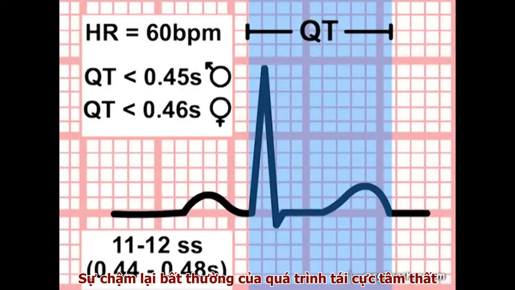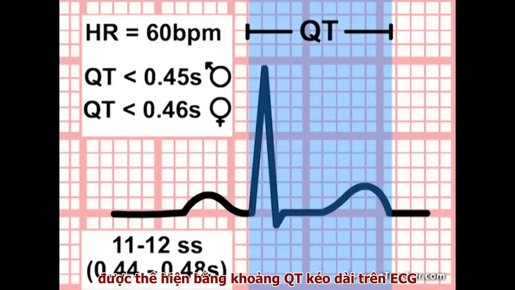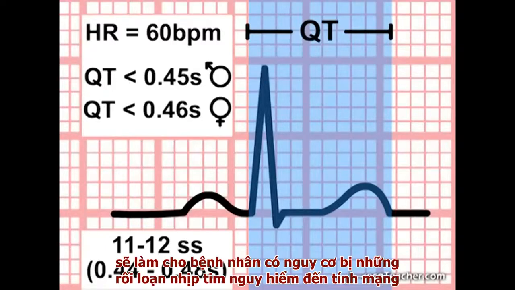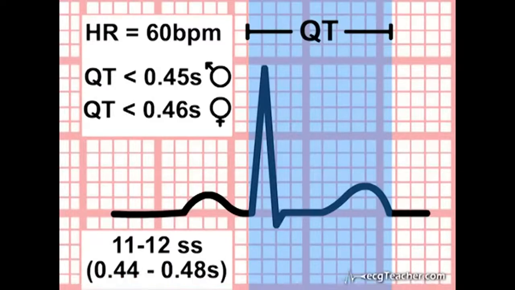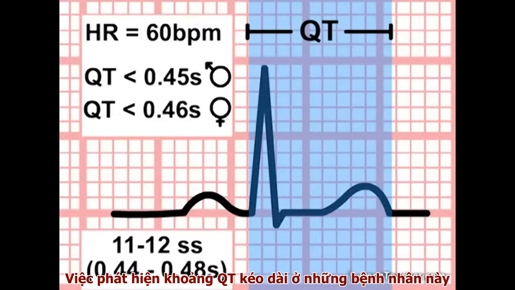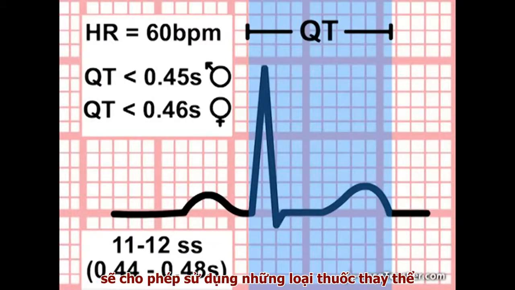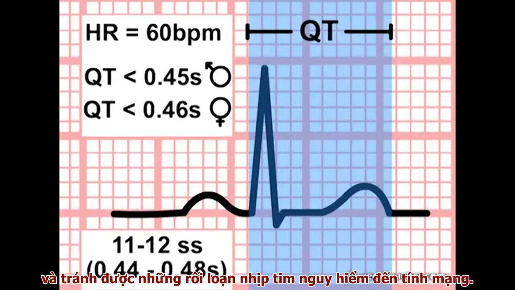Abnormally slow ventricular repolarization, evidenced by a prolonged QT interval on the ECG, places patients at risk of fatal arrhythmias when treated with certain commonly used drugs. The ability to identify prolonged QT in these patients can lead to the use of alternative medications and avoidance of sometimes fatal arrhythmias.